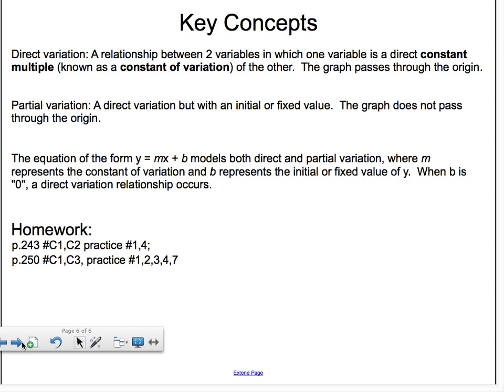In the computer example, it was basically the other three examples. Those were partial variations. And the cell phone example was another partial variation. What was the initial value? 20, right? It had that initial value of $20.